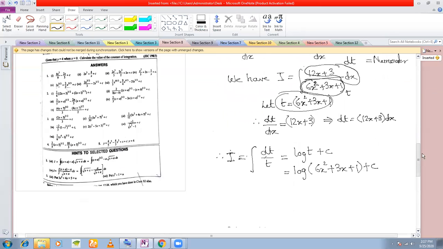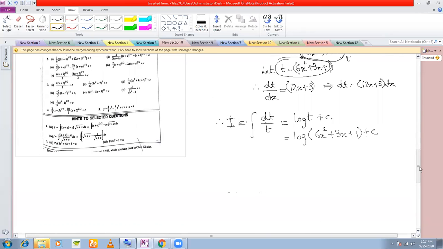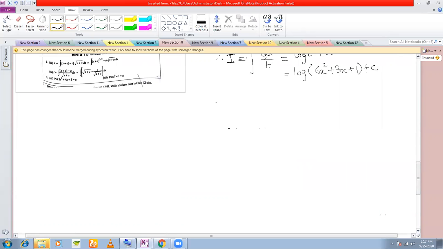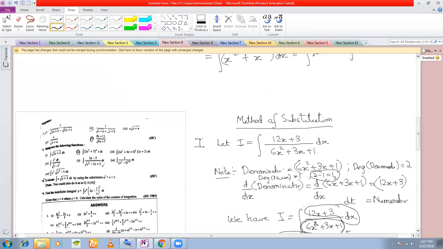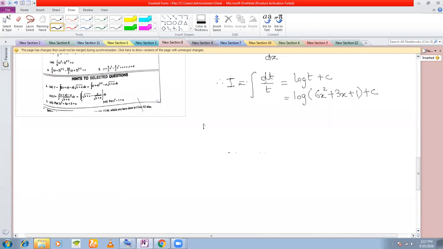Okay, another type of method of substitution. Say I call this number 1. Before number 2, I would like you to note that any integration of the form derivative of f(x) by f(x) dx will be log of f(x) plus c.